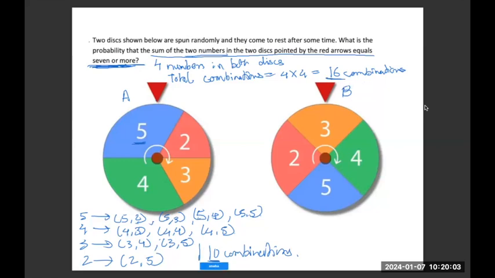I know there are only 10 combinations which will equal 7 or more when added together. So the probability that I'm looking at is 10 upon 16, which is approximately equal to 0.625. Any doubts, any questions?